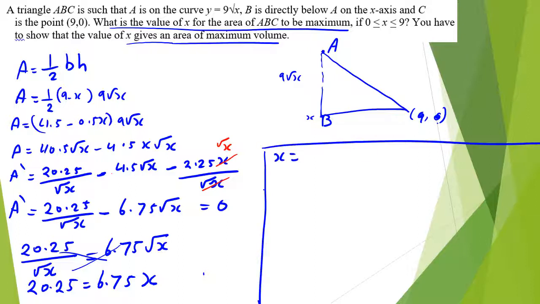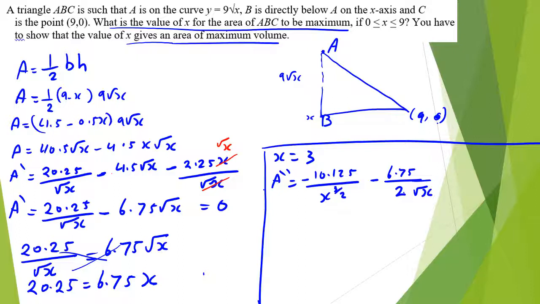So x is equal to 3. Now we'll have to double differentiate this equation here, and you will have negative 10.125 over x to the power of 3 over 2, minus 6.75 over 2 square root of x.